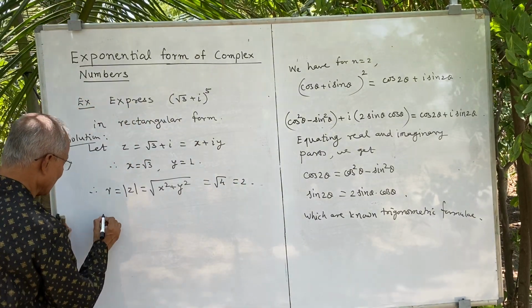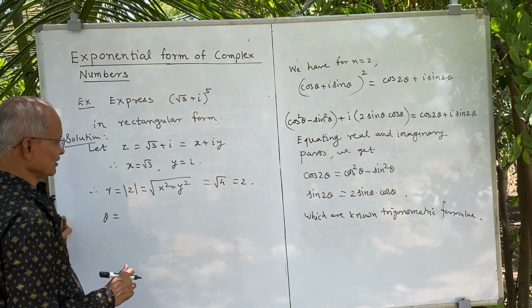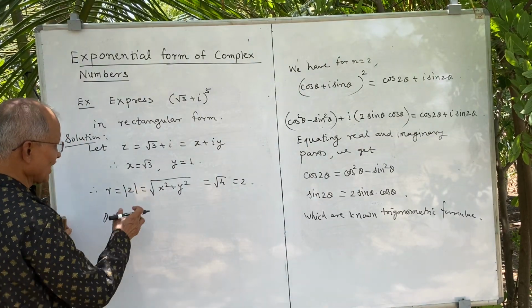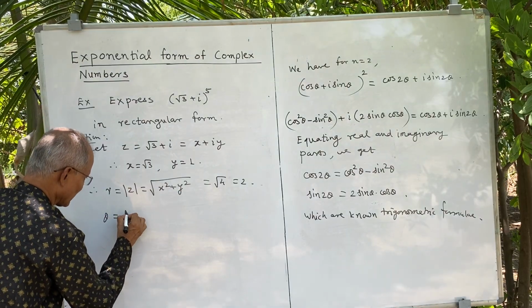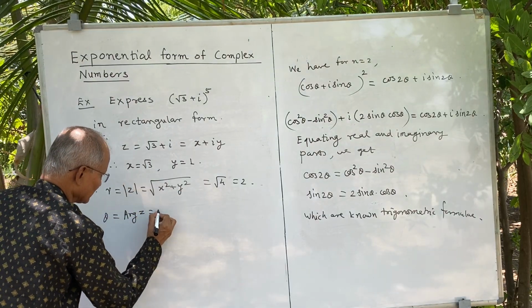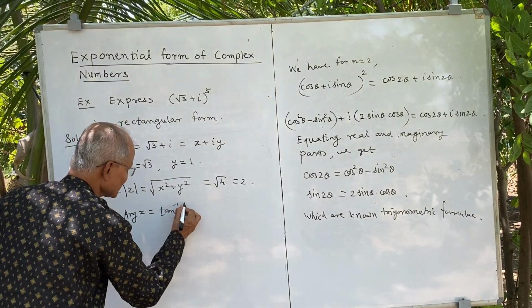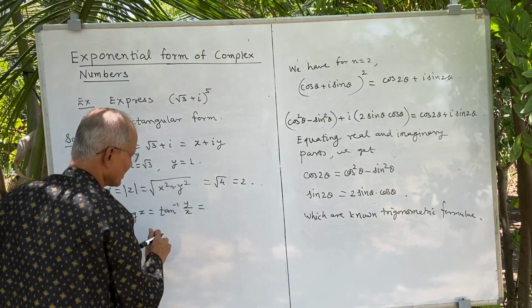And what about theta? Theta is the principal argument, and this lies in the first quadrant. In the first quadrant the formula is tan inverse of y upon x.